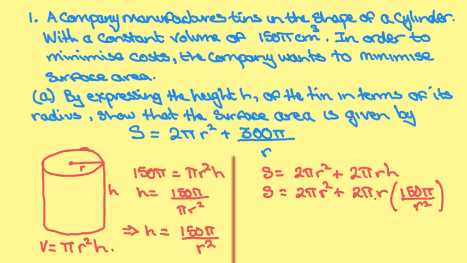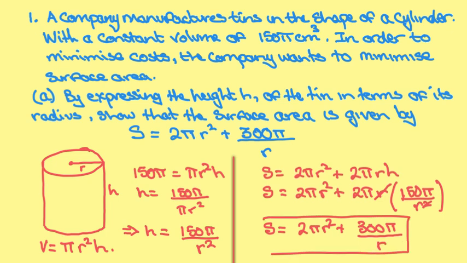We can do some cancelling, and we are left with S is equal to 2 pi r squared plus 300 pi over r, which is what we want.